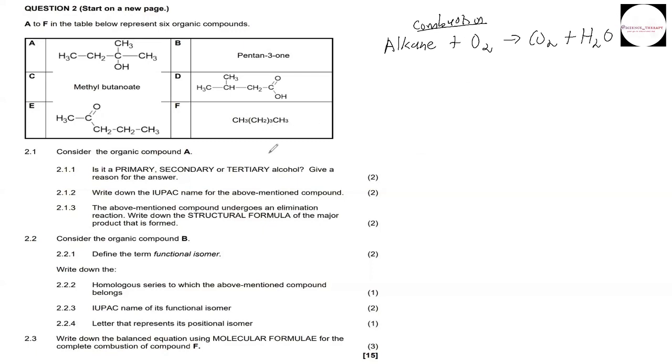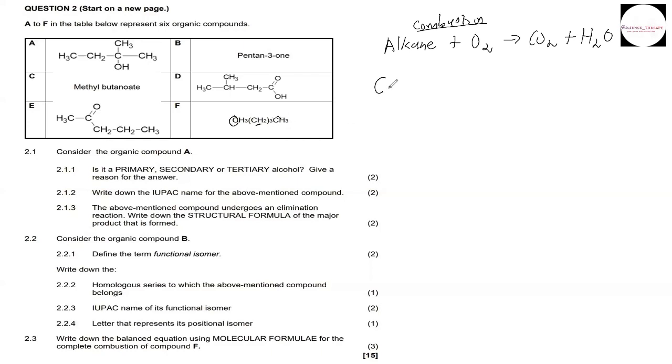Now, what is our alkane? We should obviously find the molecular formula of the alkane. This means we should expand this 3 times. So if we are expanding 3 times, we have 3 carbon atoms here, then plus the 1 here, plus this one here, that's 5.